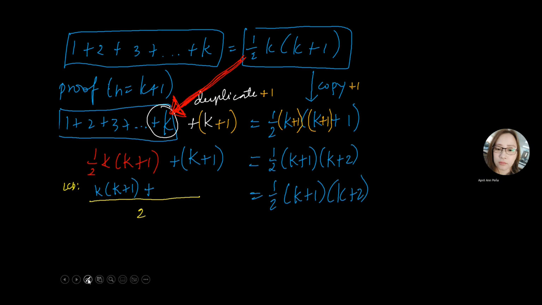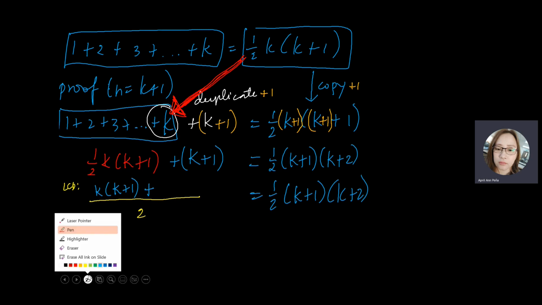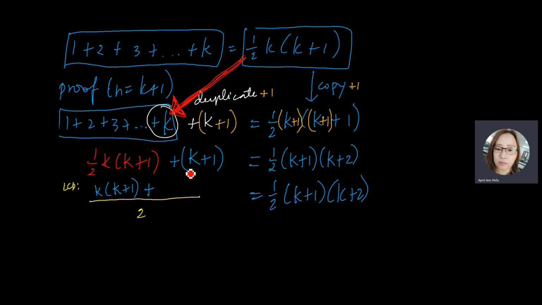The second term has an invisible denominator of 1 to make it a fraction. So the LCD of 2 divided by the invisible 1 is 2. So you write here 2, multiply it to the numerator, so we have k plus 1.